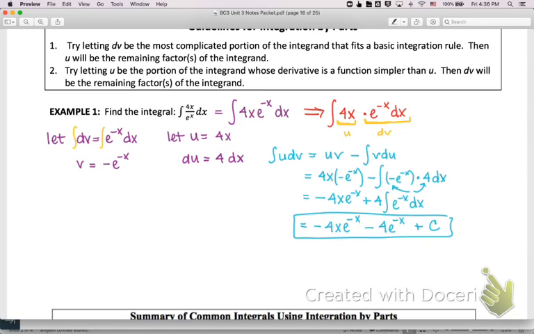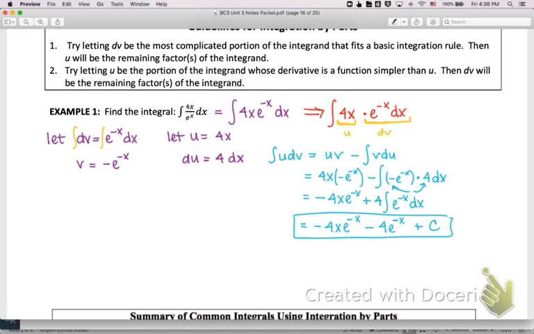So again, the hardest part here is coming up with some sort of strategic process to determine what dv and u are going to be. And as I mentioned, there is a little bit of an element of guess and check here. I can't tell you how many times I've chosen and realized halfway through that I've chosen poorly. And then that just means you know what not to do now, and you go back and maybe reevaluate what you want to choose.